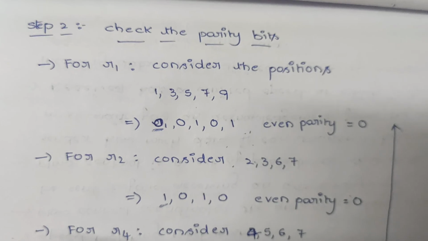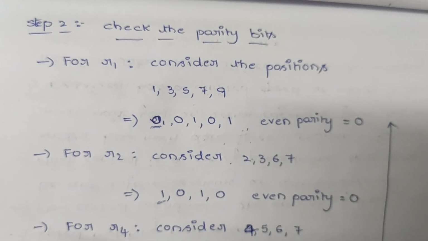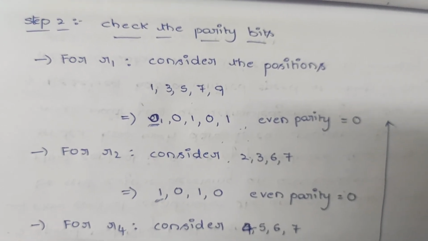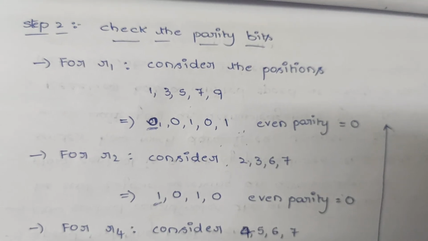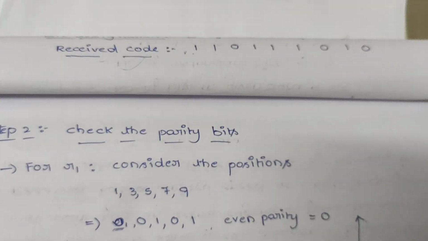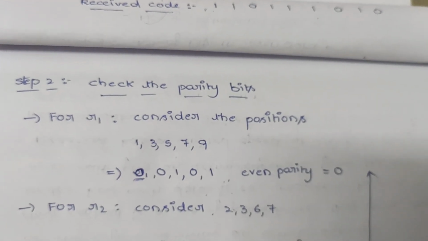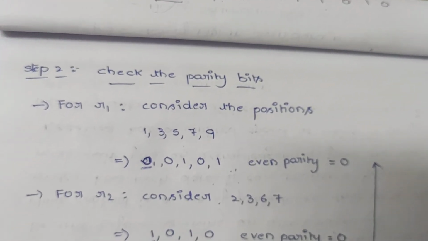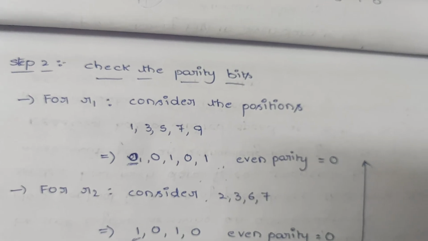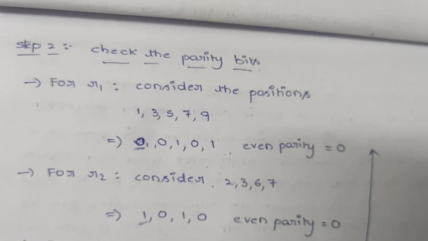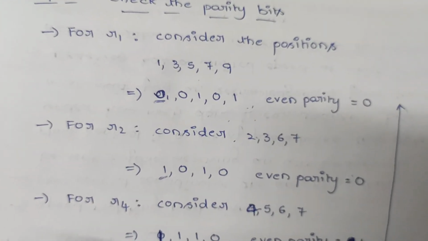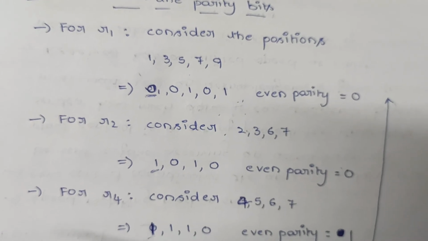In step 2, check the parity bits. For R1, consider the positions 1, 3, 5, 7, 9. From the received code word, the position values are 0, 0, 1, 0, 1. It is already even parity, so we place the value 0. Next, for R2, consider the positions 2, 3, 6, 7.